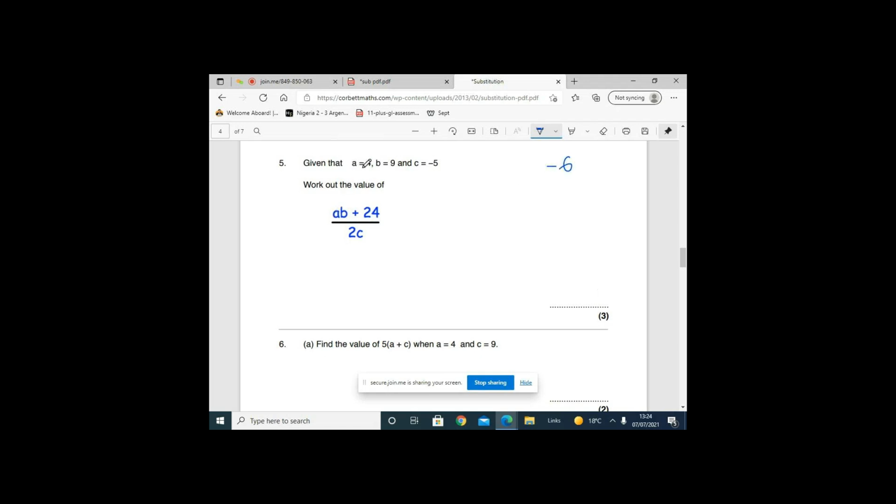A is 4, so 4 times B, and B is 9, so you put it there, then plus 24, divided by 2 times C. That's 2 times -5. 4 times 9 is 36, plus 24 is 60. So it's 60 divided by -10. That's -6. Thank you for that. So that's correct.